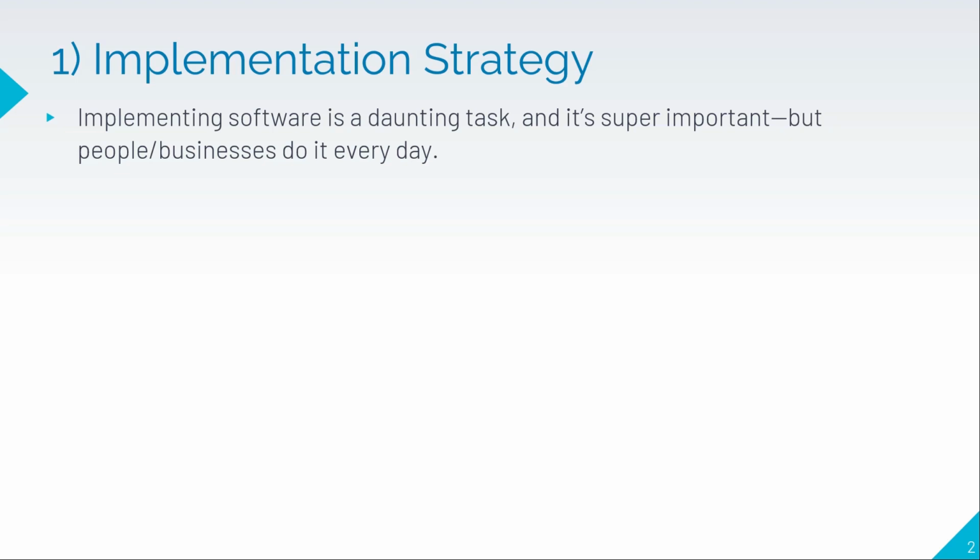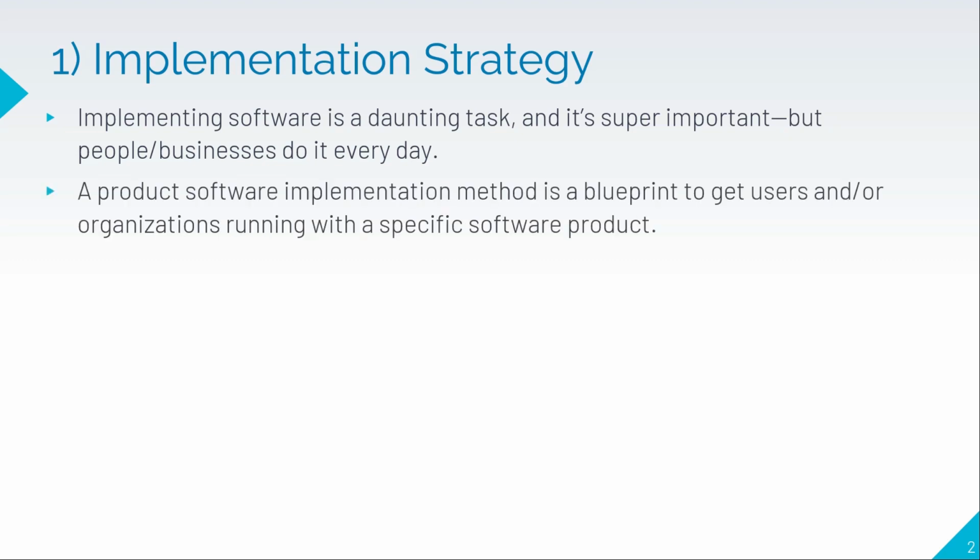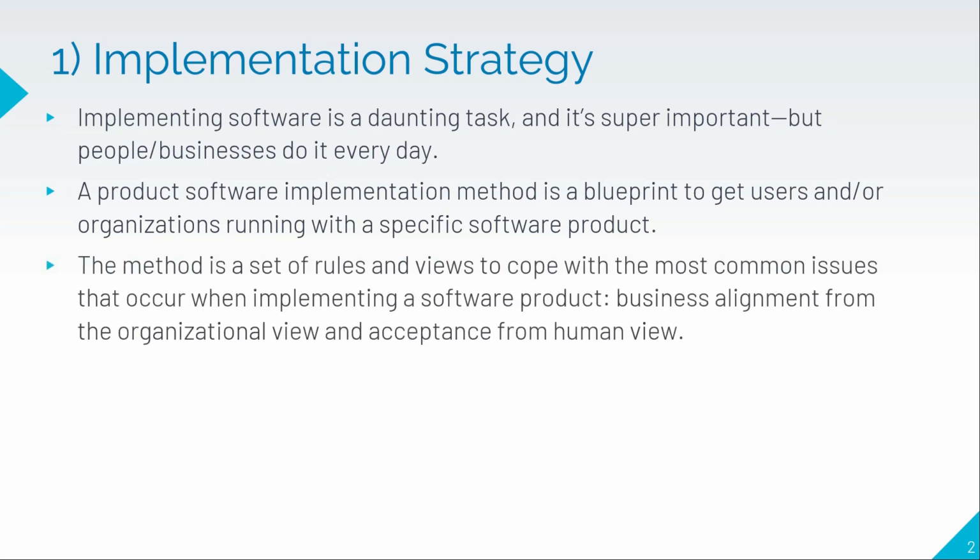Implementing software is a daunting task and it's super important, but people and businesses do it every day. A product software implementation method is a blueprint to get users and or organizations running with a specific software product. The method is a set of rules and views to cope with the most common issues that occur when implementing a software product.